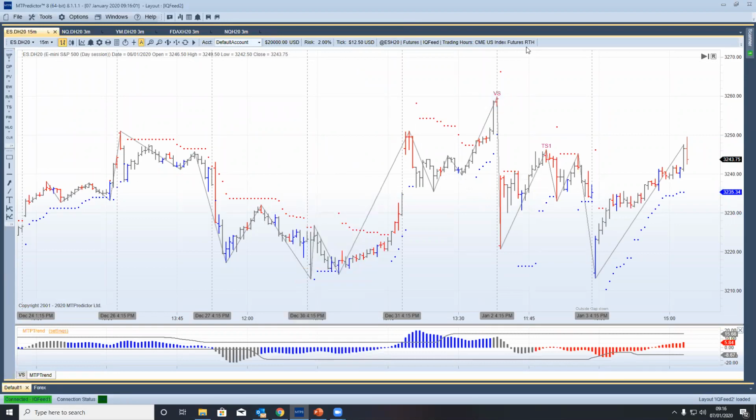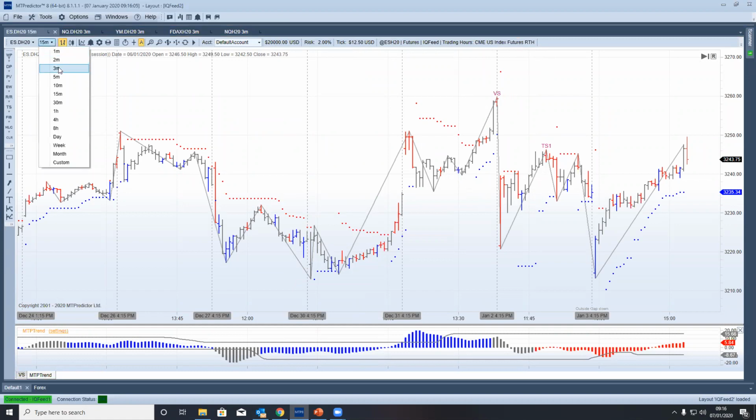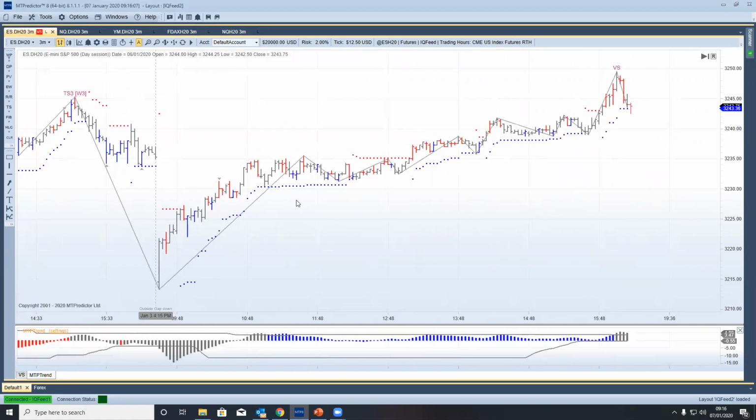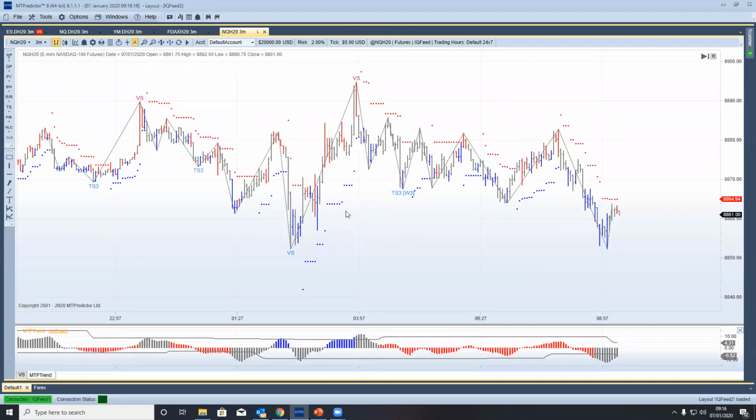I like the regular trading hours for trading the E-minis because it only plots data when the US stock market's open, in other words, when the highest volume is. But we do have quite a lot of international traders. So in this one, I want to look at the 24-hour chart, a 24-hour chart of the US E-minis and here the NQ. I want to look at this VS setup and go through what it is.